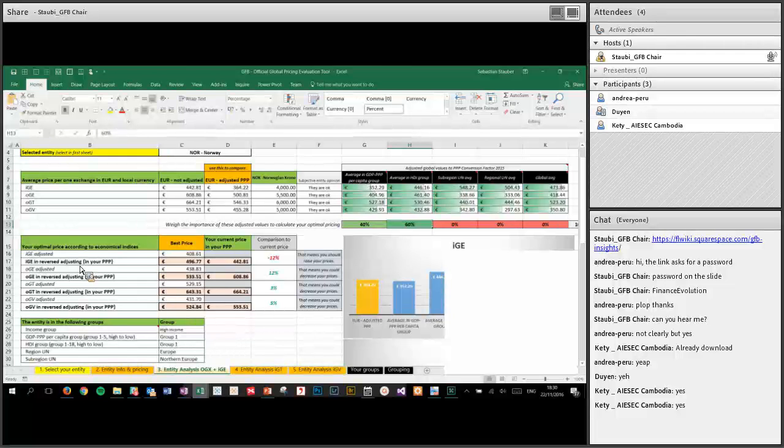So you can directly take this best price in euro, type it into Oanda.com, I think. There you can simply convert it into your own currency, and this is your best price according to the economic situation.